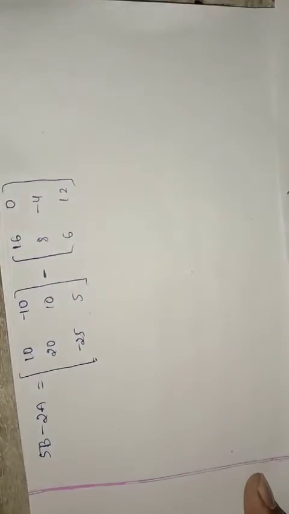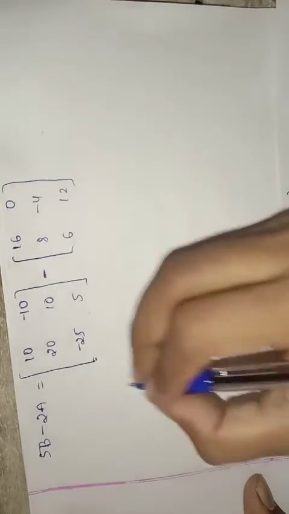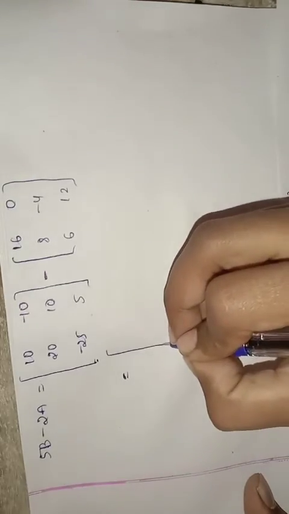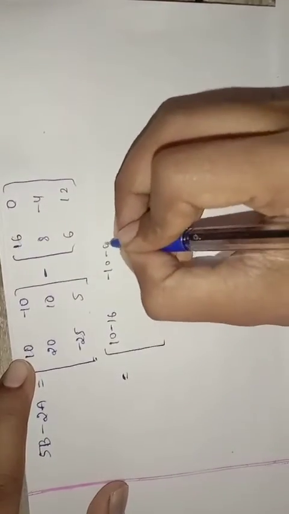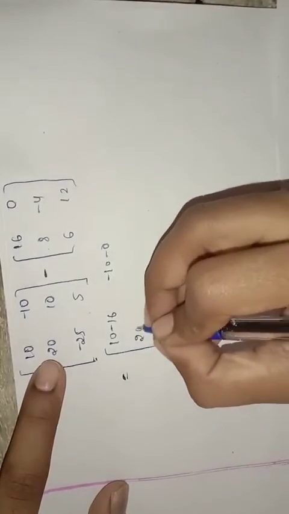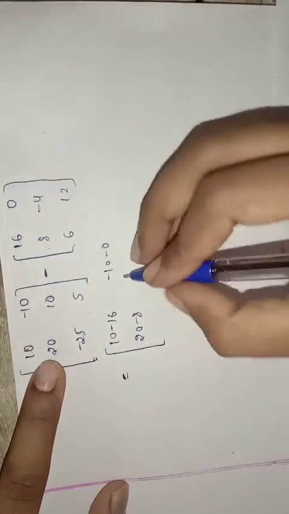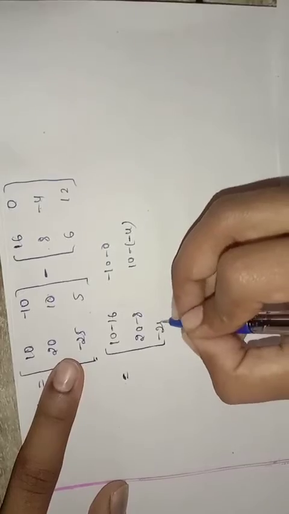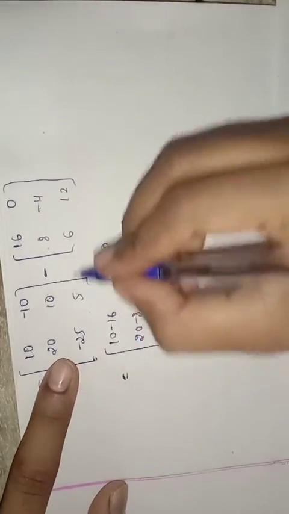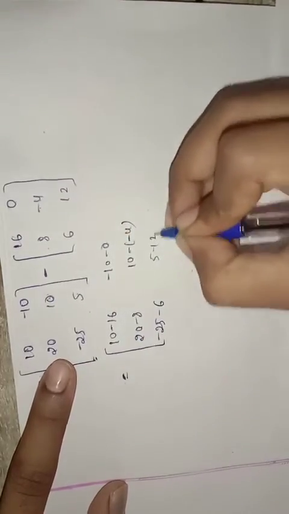Okay, so what happens here? If you subtract these numbers, 5B minus 2A, what happens? 10 minus 16, 10 minus 16. Okay, minus 10 minus 0, 20 minus 8. Okay, 10 minus minus 4, 10 minus minus 4, what happens? So minus into minus becomes plus. Okay, so minus 25 minus 6, 5 minus 12.